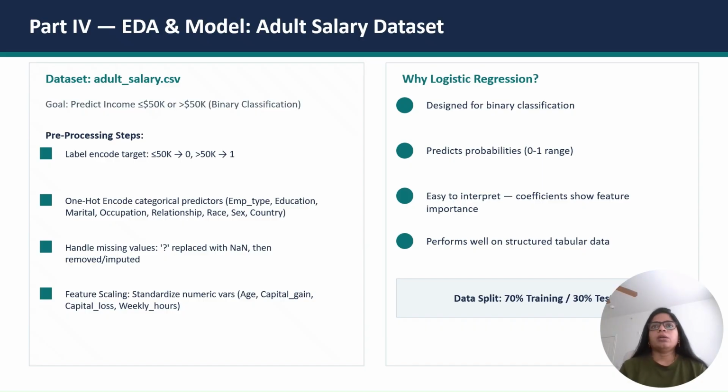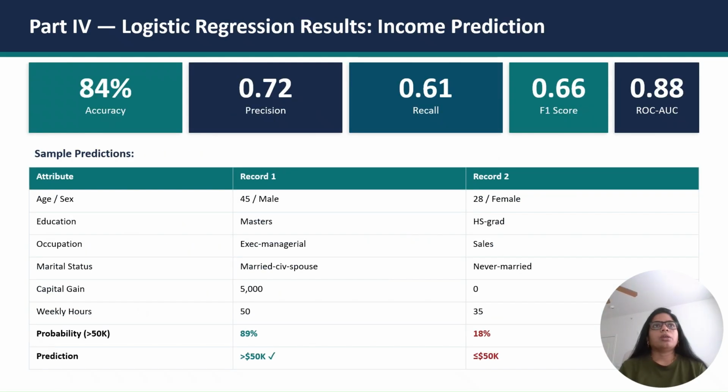That being said, for the modeling, we split the data into 70 and 30%. 70% is for training the model and 30% for testing the model. After logistic regression was chosen, we trained the model and then tested it.